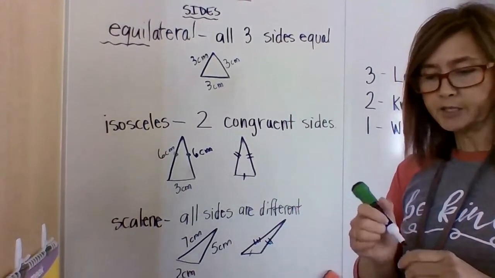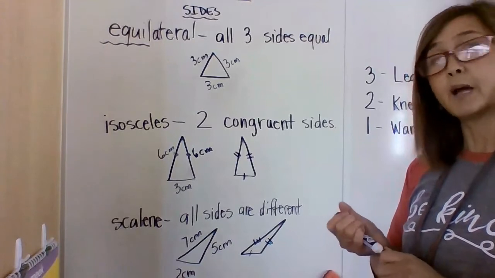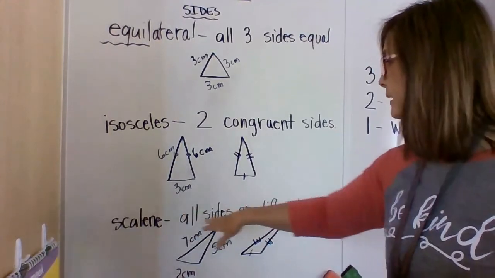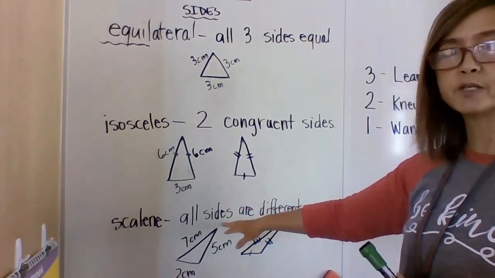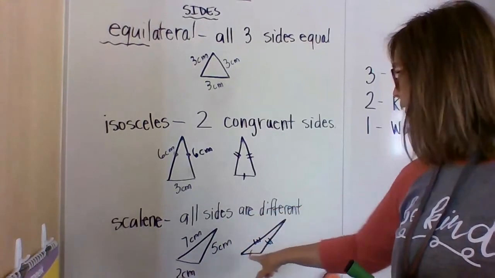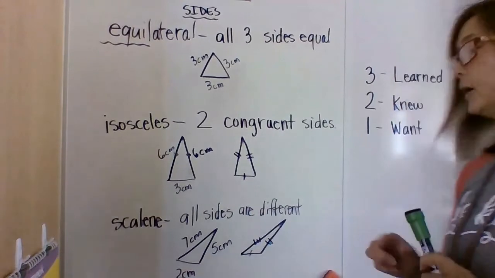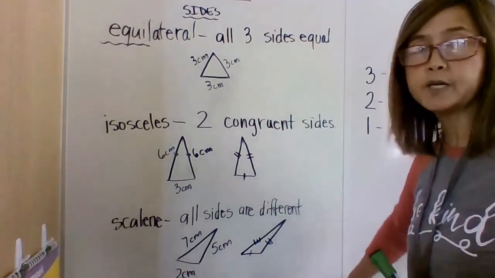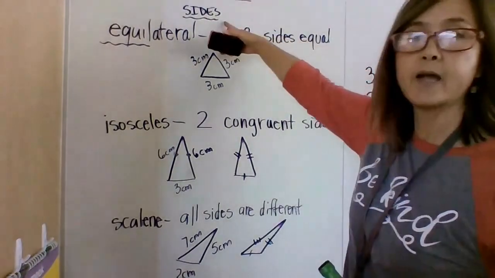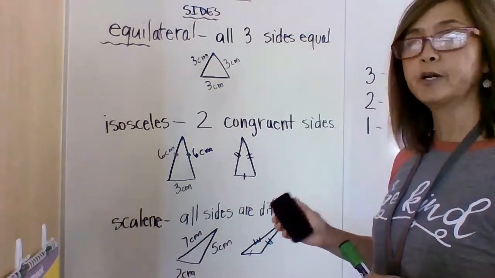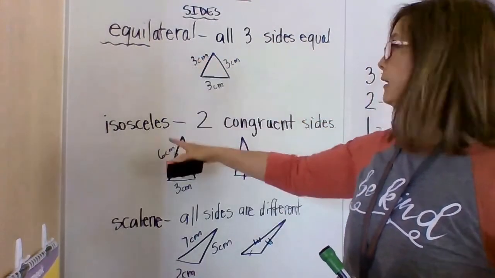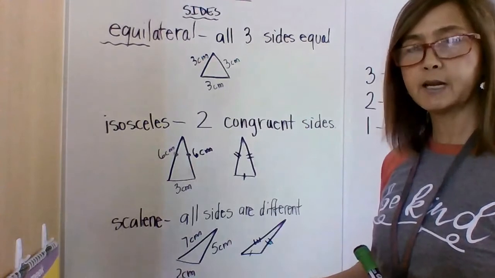There's not anything that's consistent about it. So on a mountain, I see lots of different sides or parts of the mountain, and I'm scaling all 3 different sides of it. All right, so that's how we classify triangles according to their sides. The 3 triangles are equilateral, isosceles, and scalene.